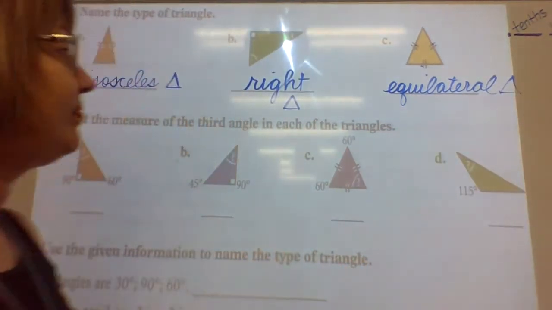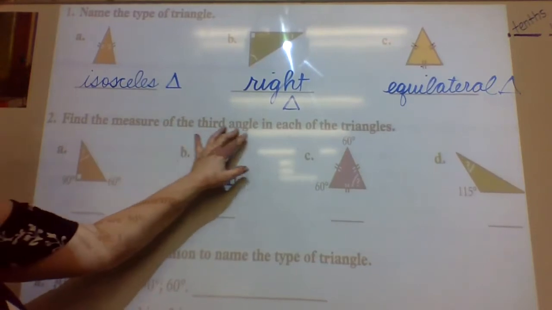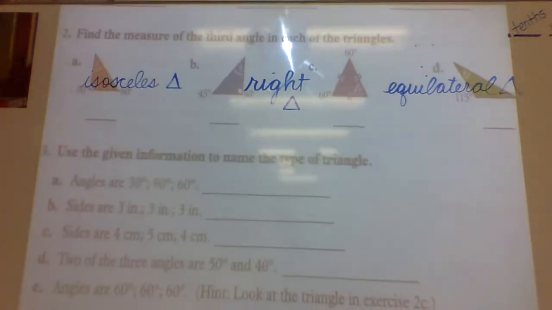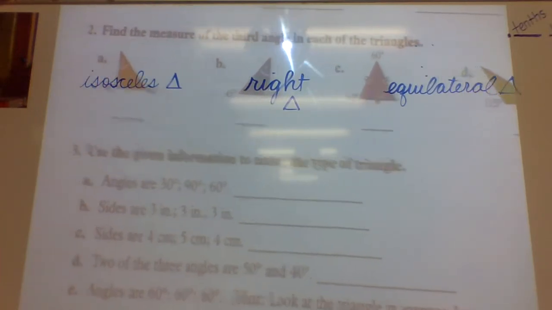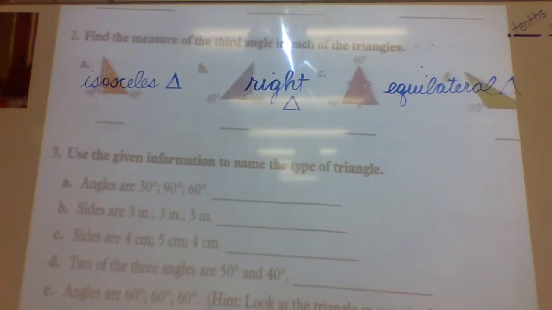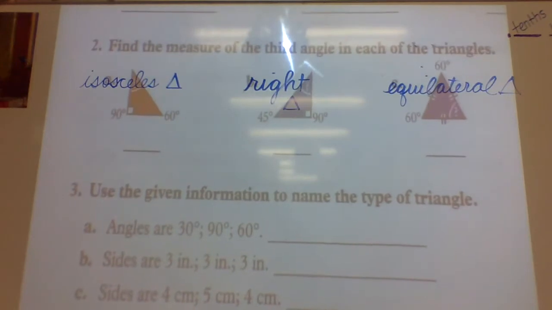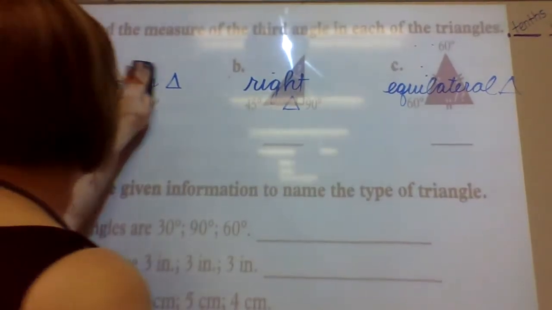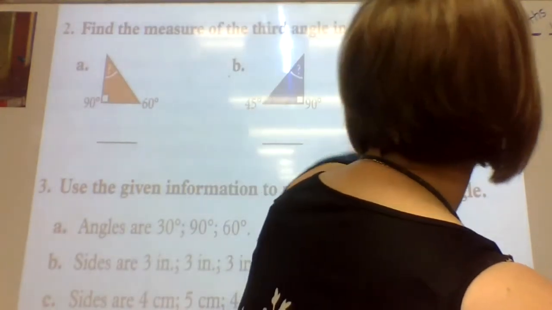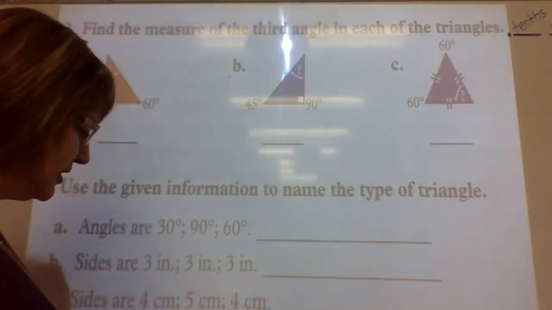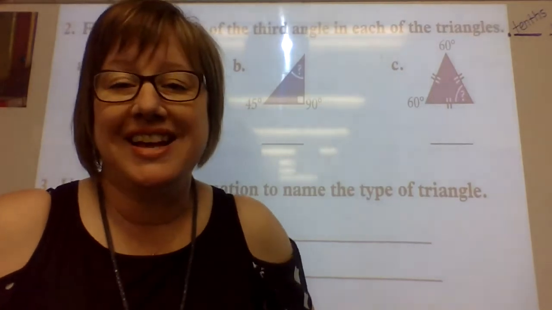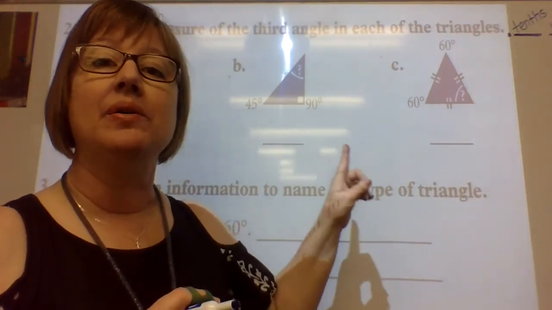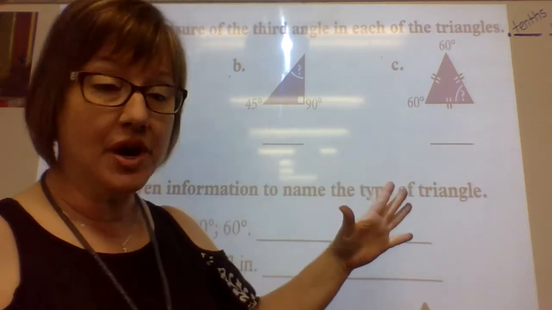Okay? Then down here it says to find the third measure. Now you could go ahead and use your compasses, but you don't have to, because we know that all of them measure 180, so you don't even need your compass. That's what I mean. In the zebras book, they had to use their compass to measure them, and we are going to do a page like that just so you can have fun with measuring them, but you don't have to, because we know that 180 degrees makes a whole triangle.